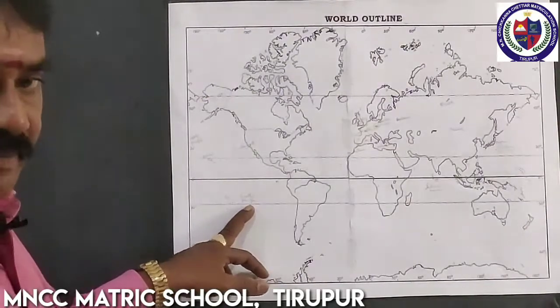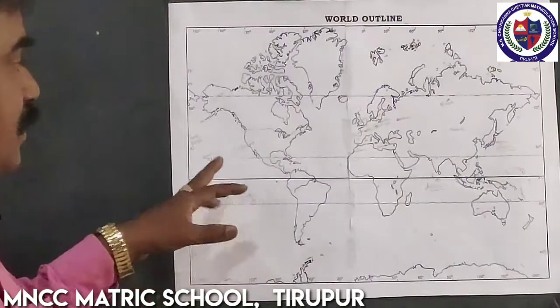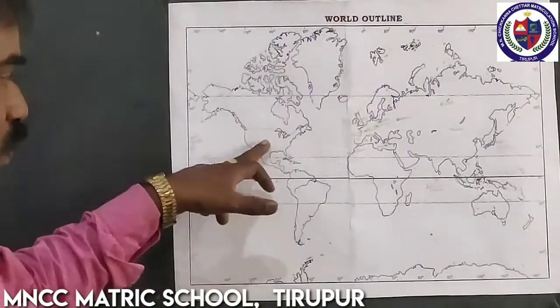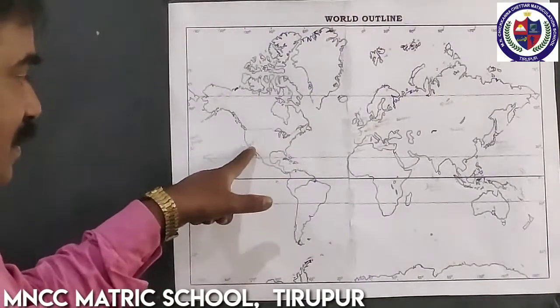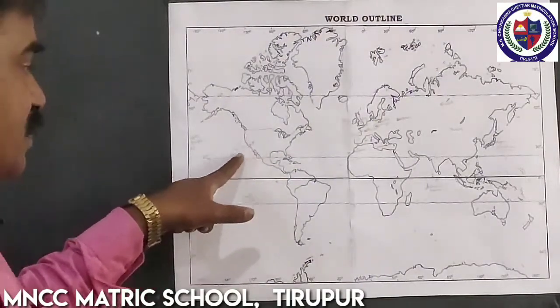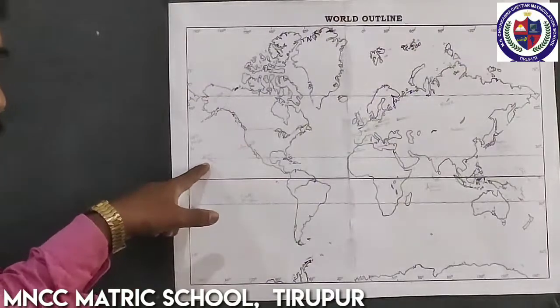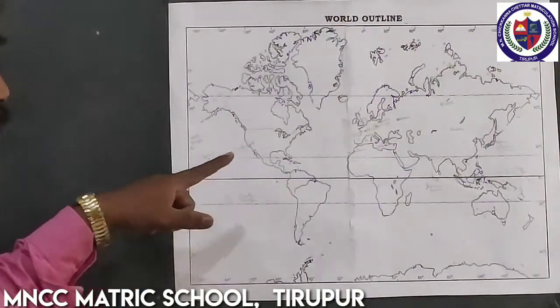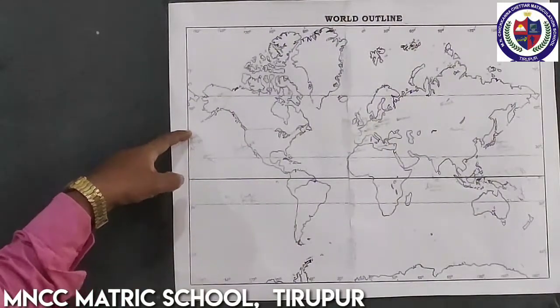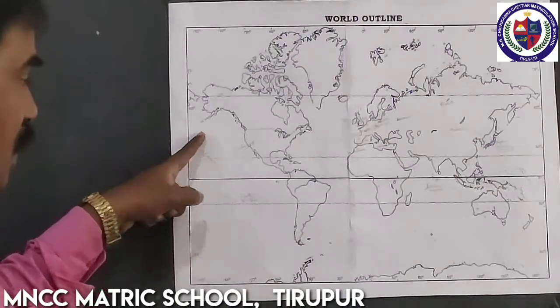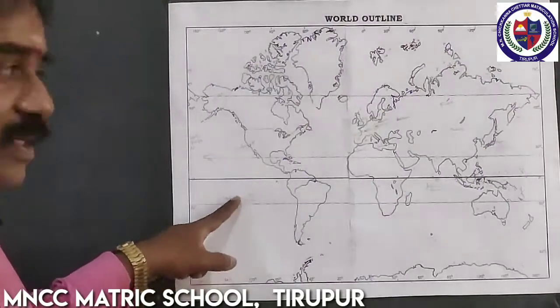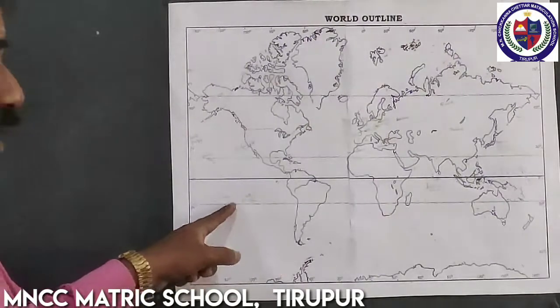Now are you clear? May I recall once again? See, both are USA. This one is Canada. And if you mark here, this is San Francisco and Hawaii Island. Then above Hawaii Island, this is North Pacific Ocean. Below Hawaii Island, this is South Pacific Ocean.